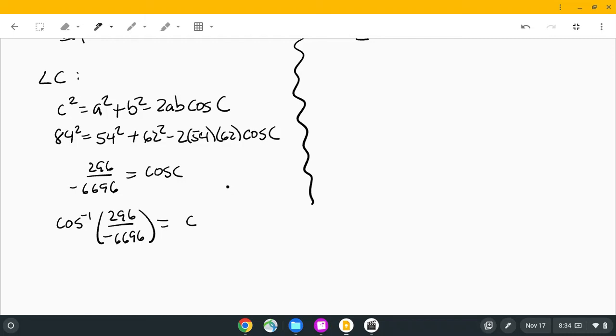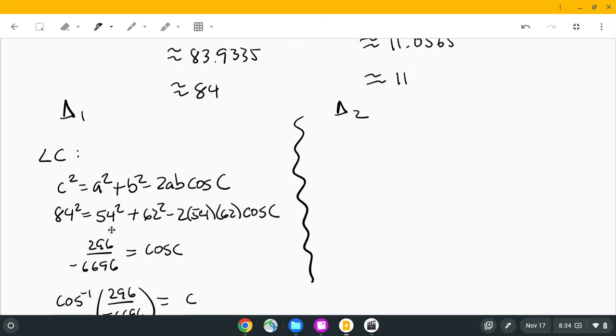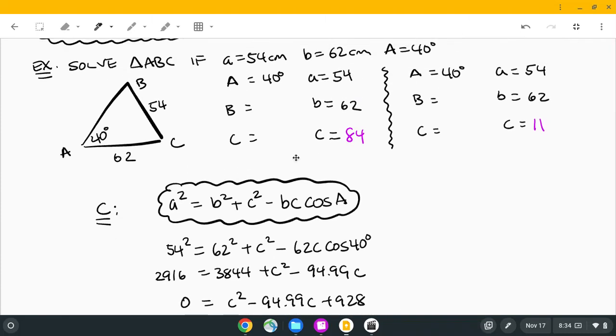It turns out it is roughly 92.534 degrees. With two significant digits, we will go with 93.